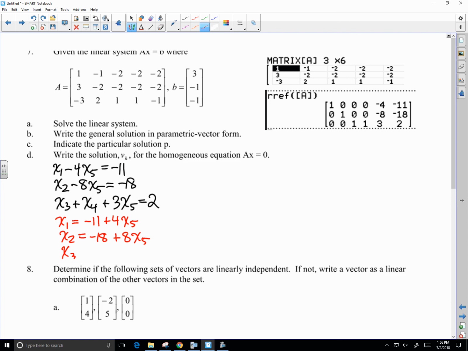X sub 3 is 2 minus x sub 4 minus 3x sub 5, which implies that x sub 4 and x sub 5 are both free. All right, so x sub 1, 2, 3, 4, and 5.